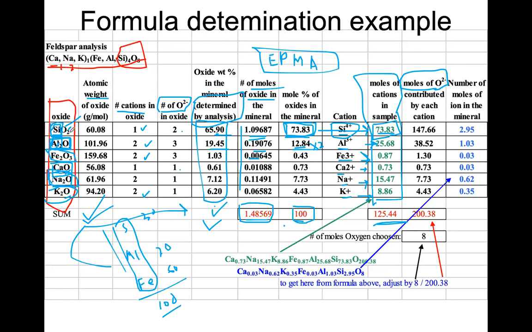So see the molecule: for one cation, you have two oxygens, right? So for 1 mole of silicon, you must have 2 moles of oxygen, right? So then you have this number of moles.